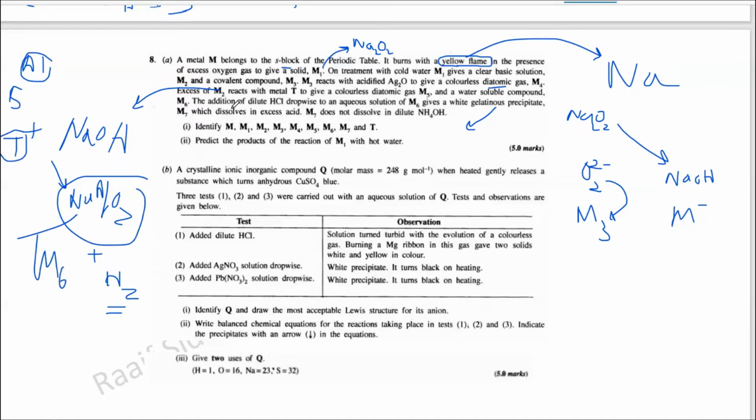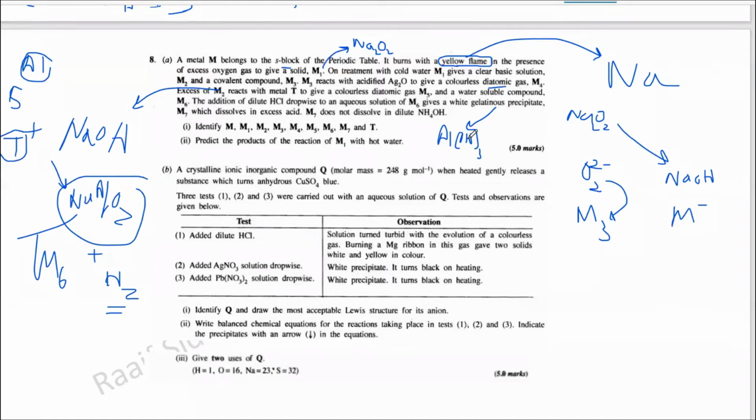When dilute HCl is added dropwise to an aqueous solution of NaAlO2, it will form aluminium hydroxide, which is our white gelatinous precipitate M7. It dissolves in excess acid, and M7 does not dissolve in dilute ammonia.